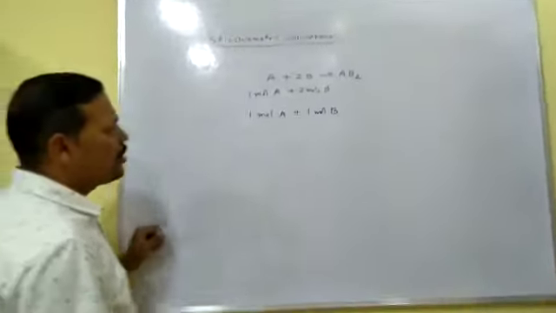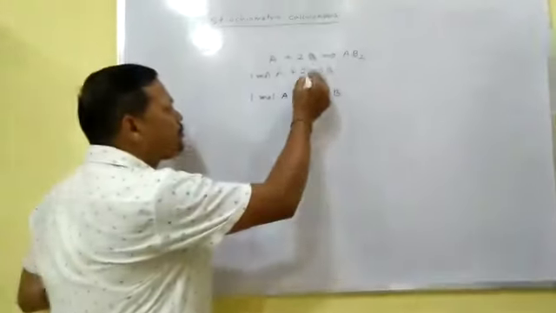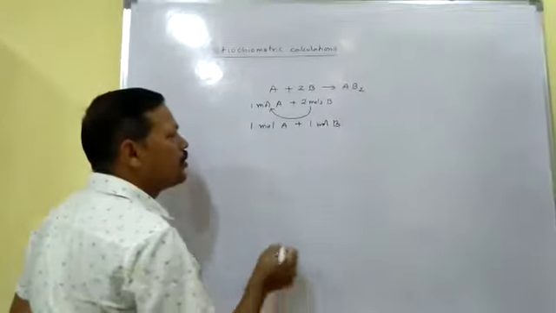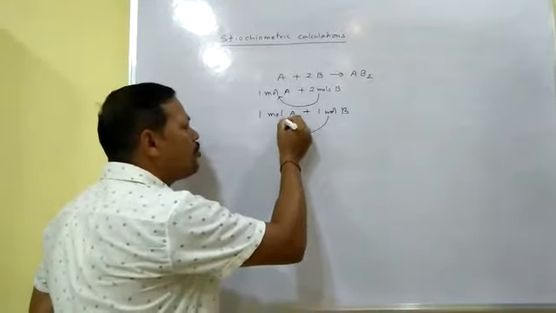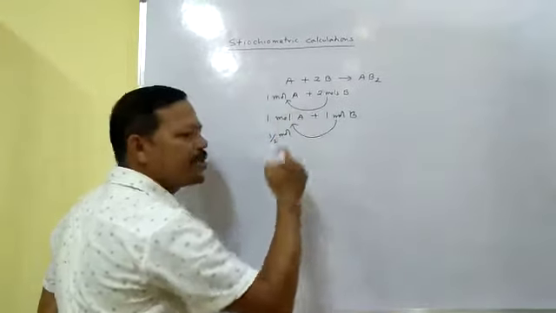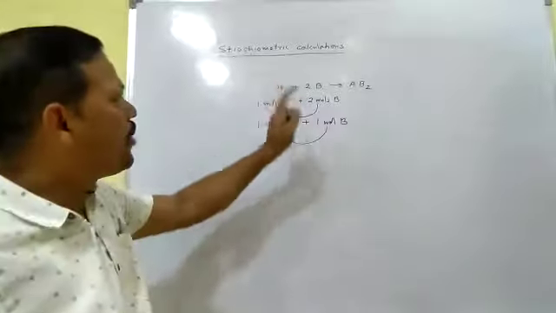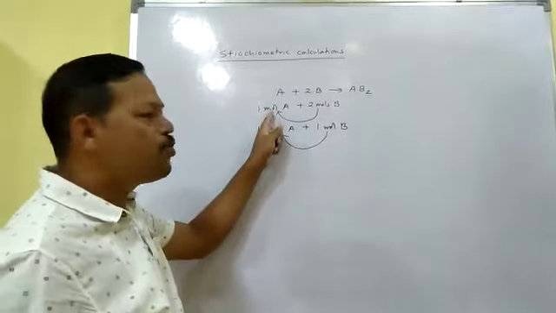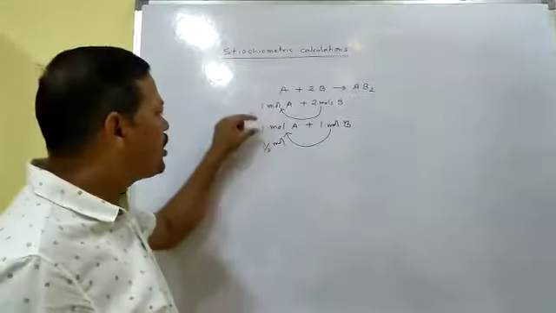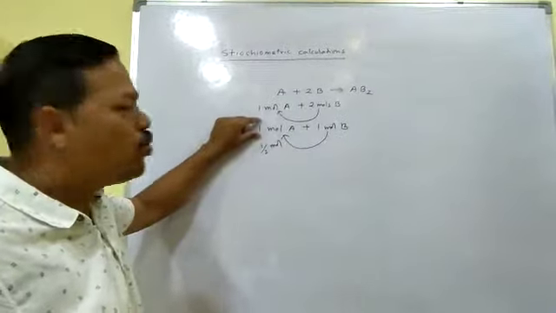If 2 moles of B require 1 mole A, then 1 mole of B requires half mole according to the balanced equation, but in the question it is given 1 mole.